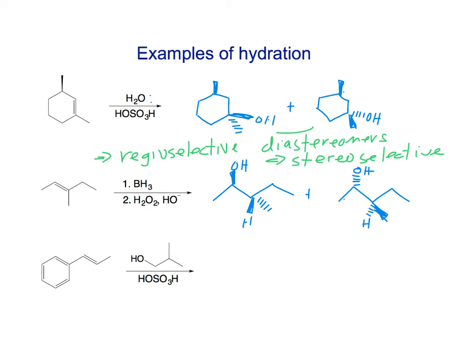So again, just like the example up above, this reaction is regioselective because the alcohol only comes to this position, not to this one. And it is stereoselective because it's doing this syn addition, and we're getting only 2 of 4 possible stereoisomers.